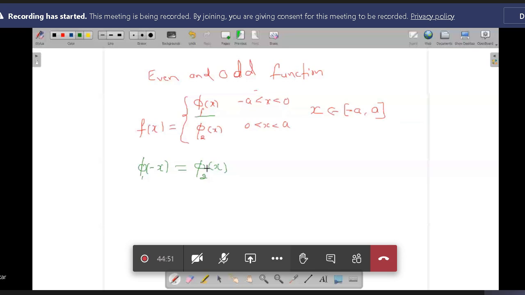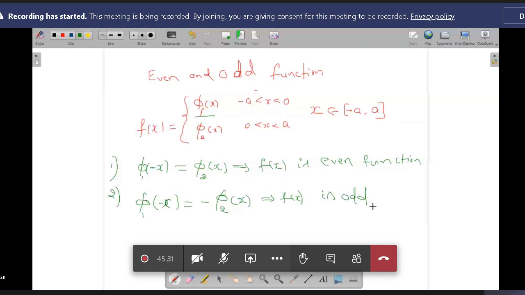If that gives you phi2, then f of x is an even function. Suppose you take phi1 and replace x with negative x, and this gives you negative times phi2 of x, then f of x is an odd function.